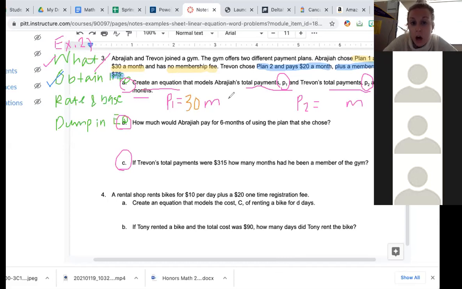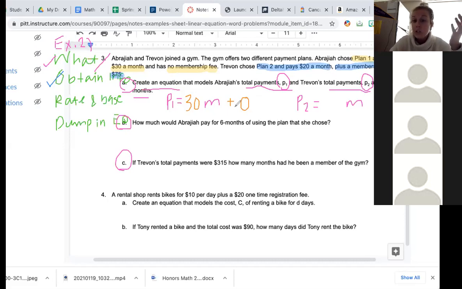And if there's no fee, there's 2 options you could do here. Do you have to put a base? No. You could also put plus what for the base? Be careful. If it's nothing, what would you put? B, 0. Good. So you don't have to put that because 30M plus nothing would just be 30M.